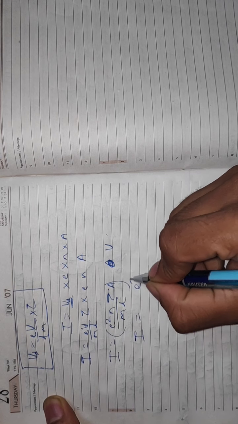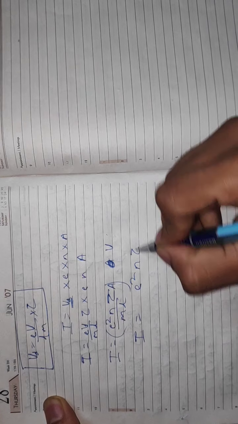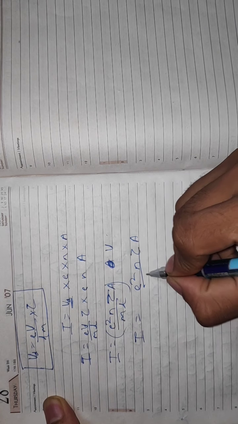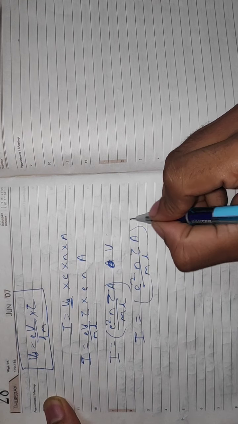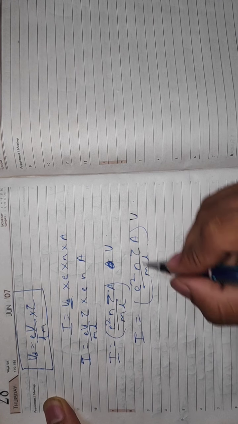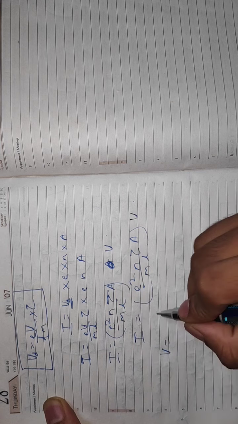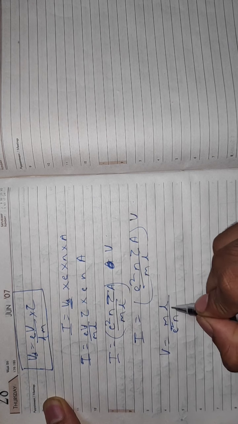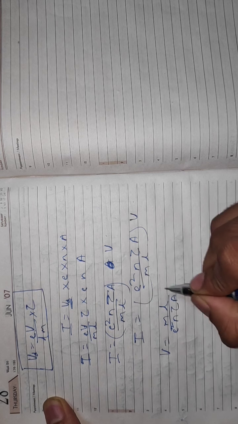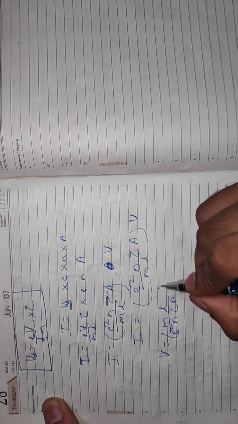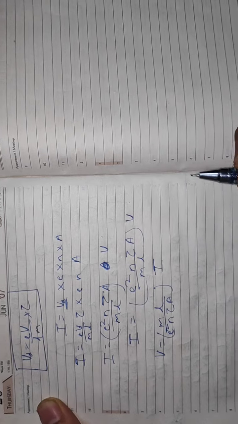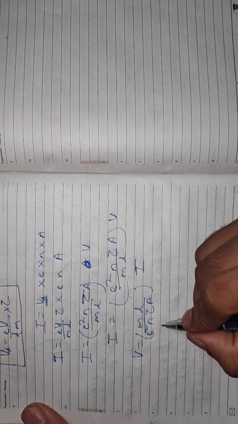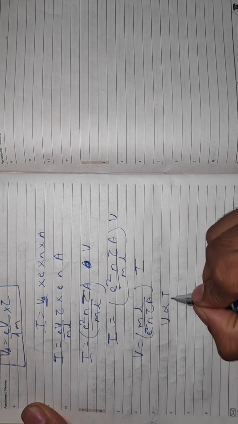I is equal to e square N tau A upon ml. If I write in the opposite terms, V equals ml upon e square N tau A into I. Is this in the form of V proportional to I?